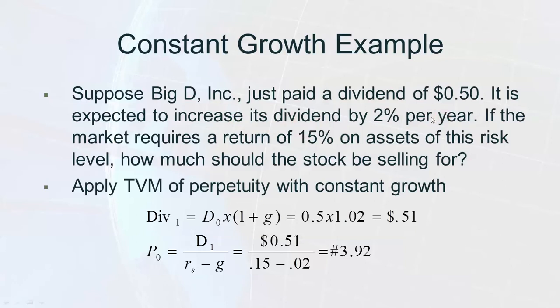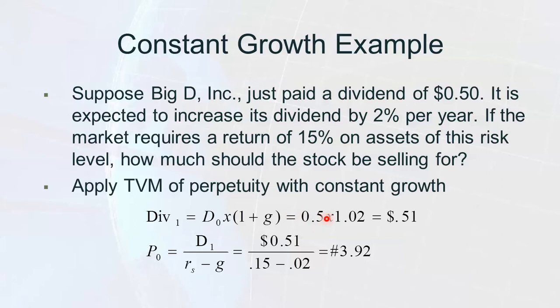First of all, you need to find out dividend 1. Your dividend 1 is basically your dividend right now times 1 plus g. So 50 cents, because you just paid that dividend, you're not going to receive it. You have to hold the stock to receive the next dividend.